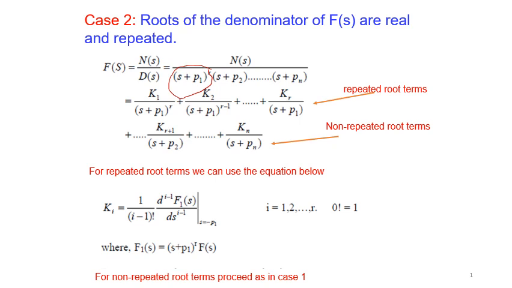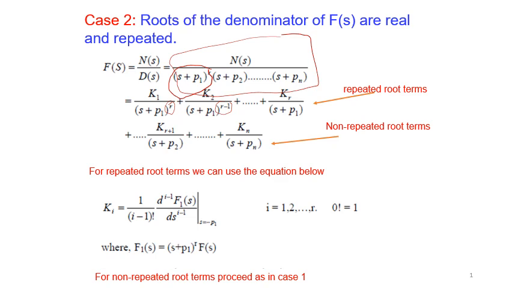So when we try to find the equivalent of this function, the repeated part is to be written as k1 over (s + p1) to the power r, followed by k2 over (s + p1) to the power of r minus 1, and so on.